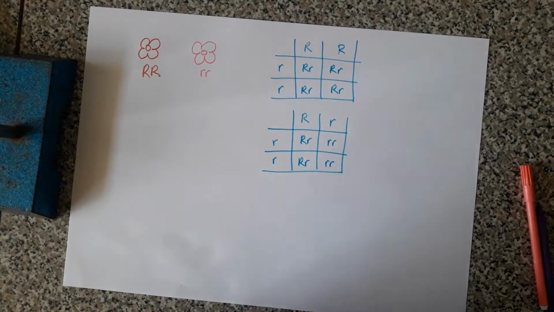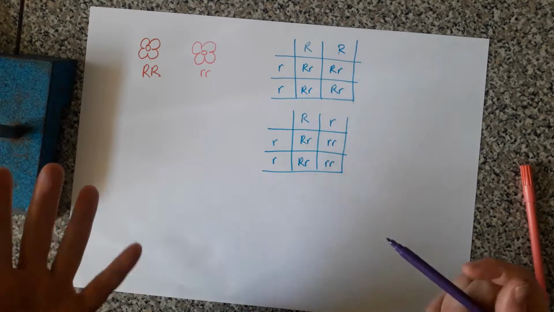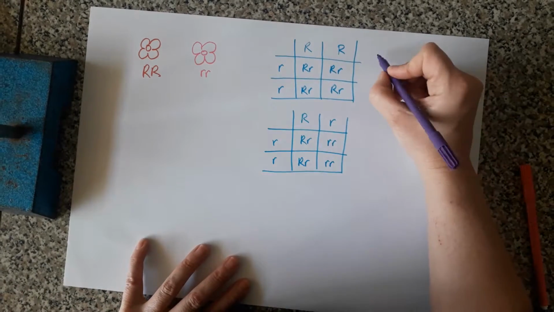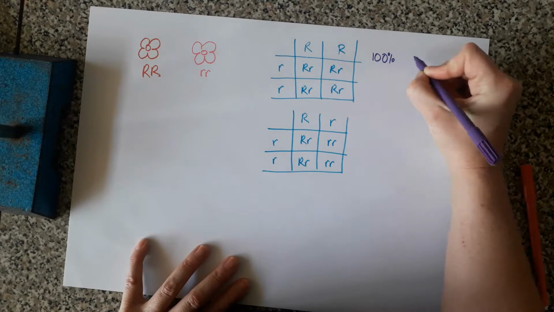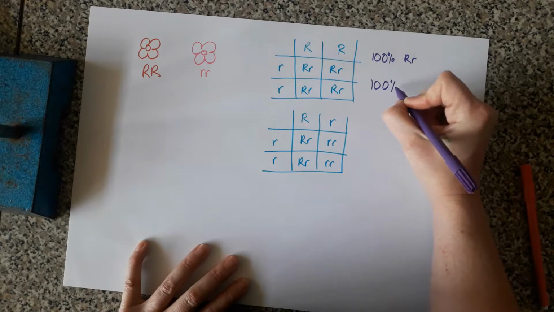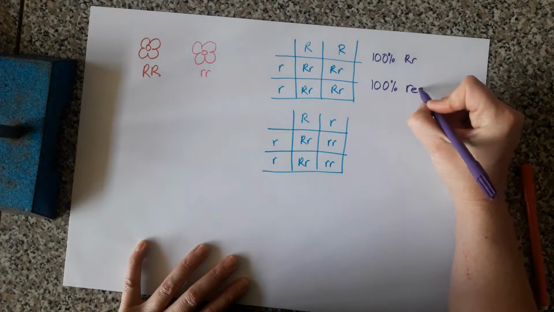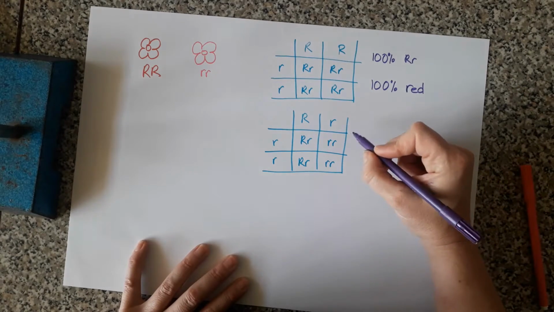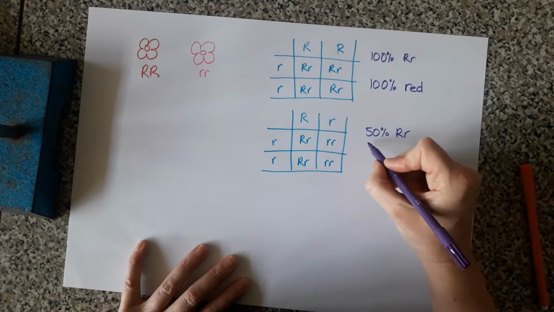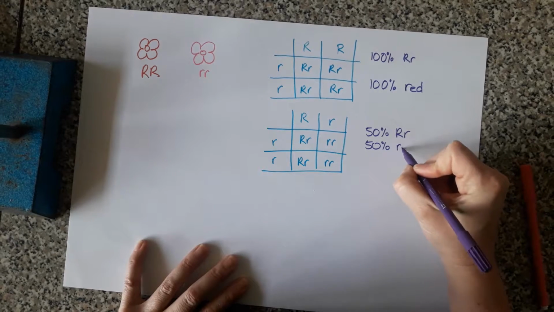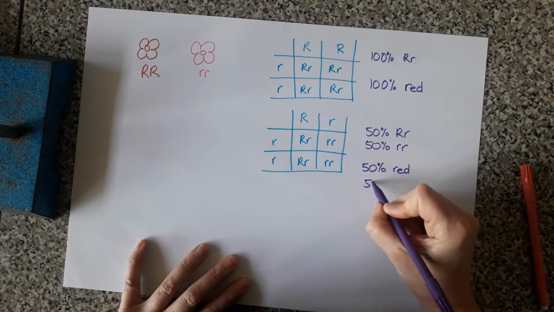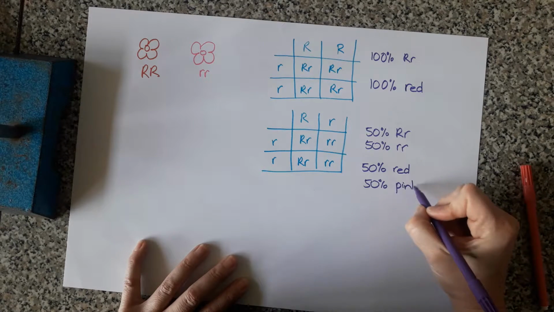So if this was your question in your exam, or if you were doing this because you're an enthusiastic gardener, you would say in this situation, 100% of the babies will have the heterozygous genotype and 100% of the babies will be red. On the other hand, if you do this, 50% of the babies will have the heterozygous genotype, but 50% will be homozygous recessive. Likewise, 50% of the babies will be red and 50% of the babies will be pink.